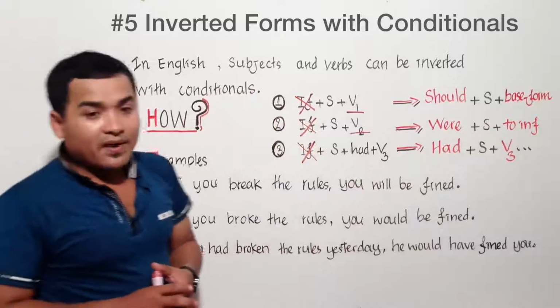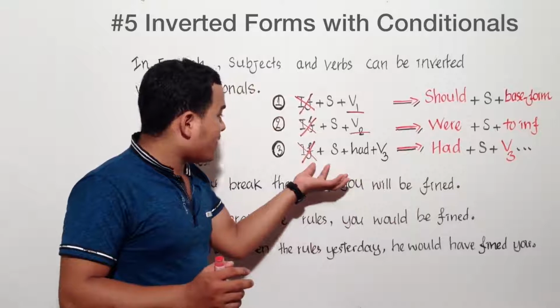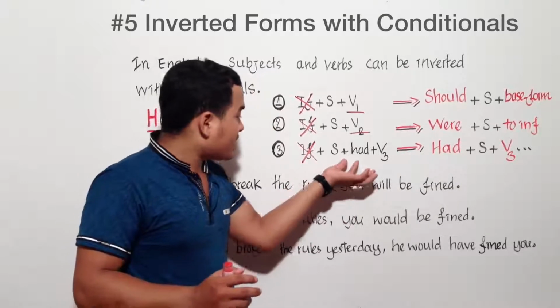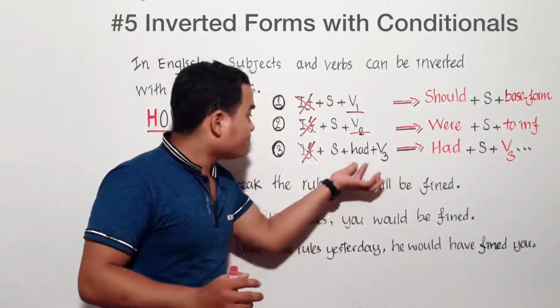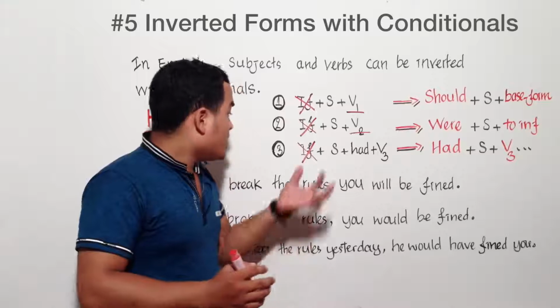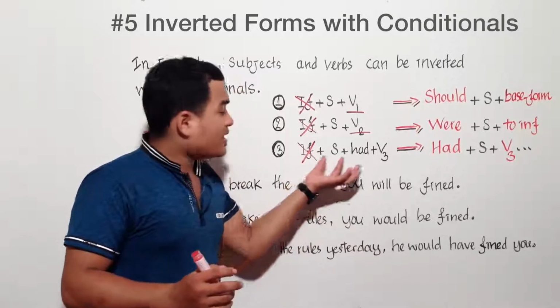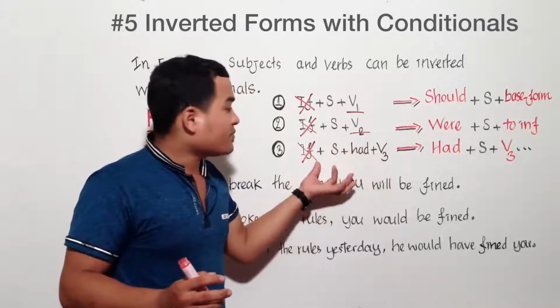All right, so what about the third condition? For the third condition, the basic form in the if clause is subject plus past perfect simple, right? So please remember, it's very simple. You just remove if and then you change the position of had into the front of the subject.